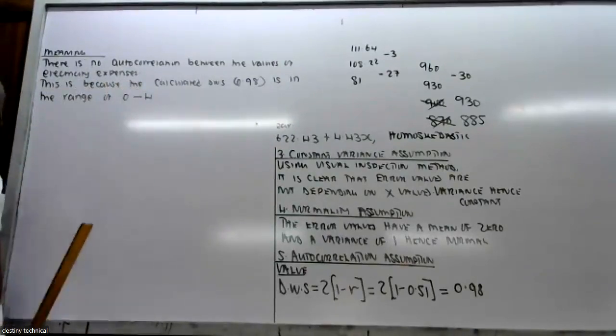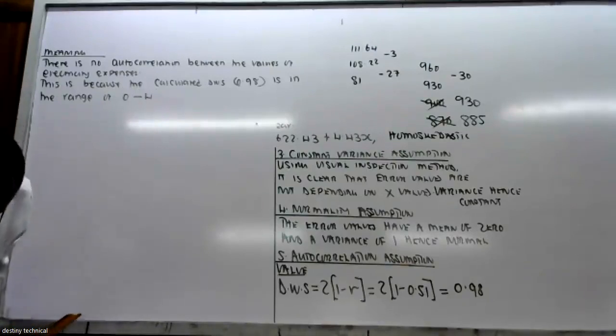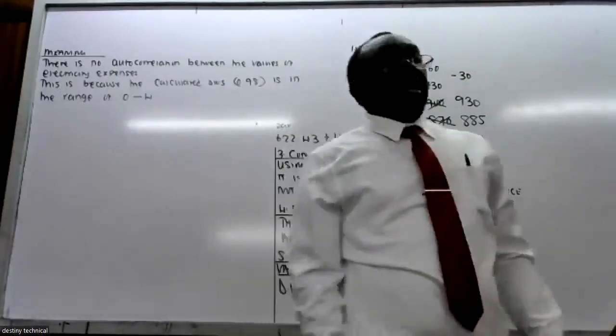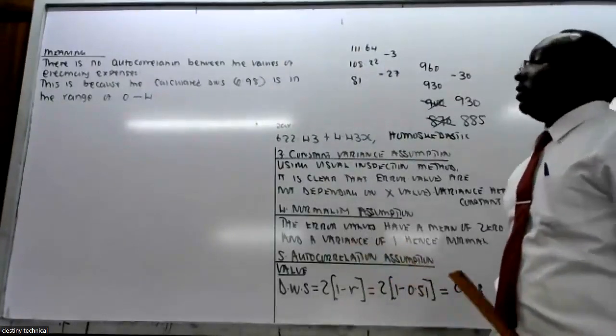Look at the notes, you'll find that we normally recommend that it should be in the range of 0 to 4. So if you compute DWS and it's found to be within that range, then we are good to go.